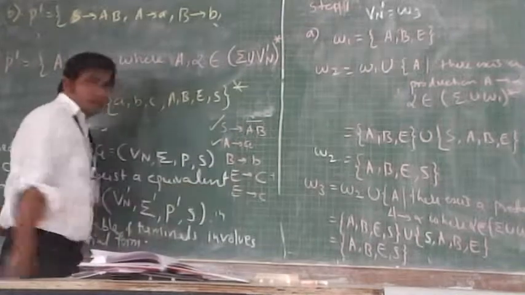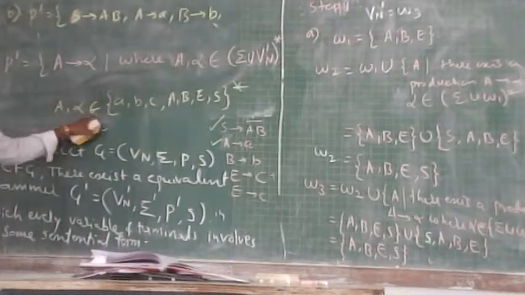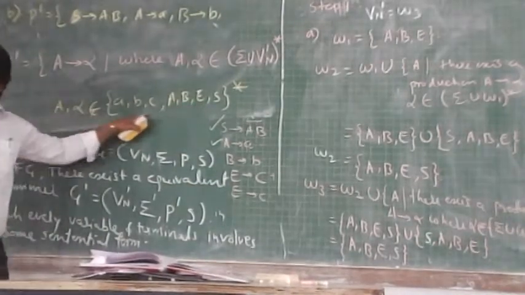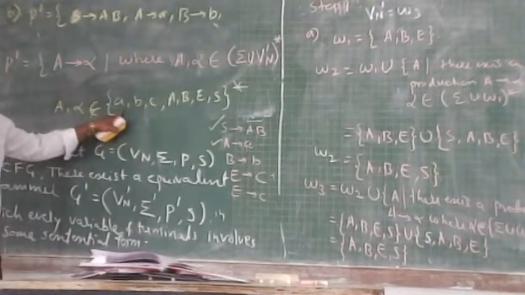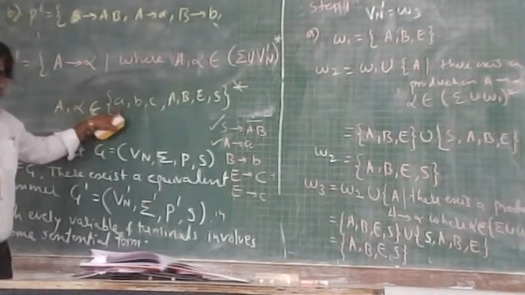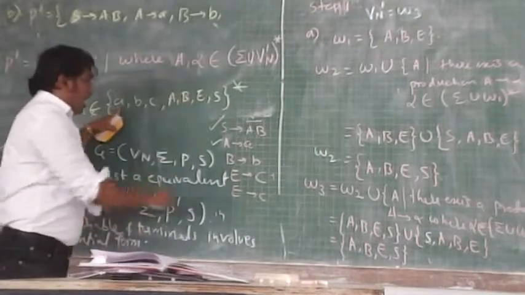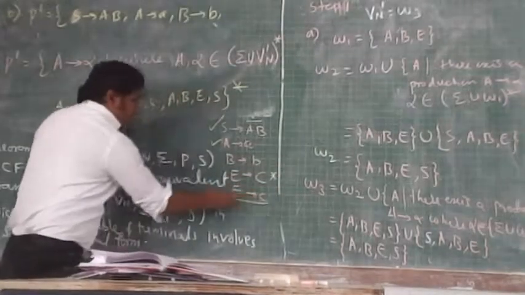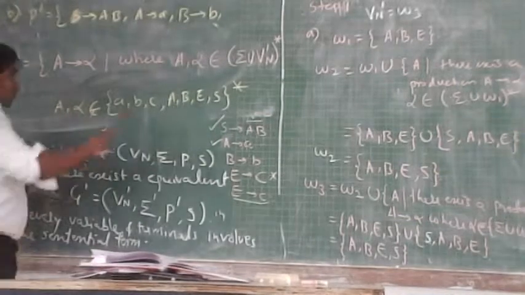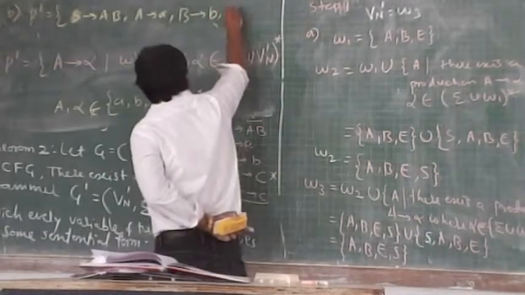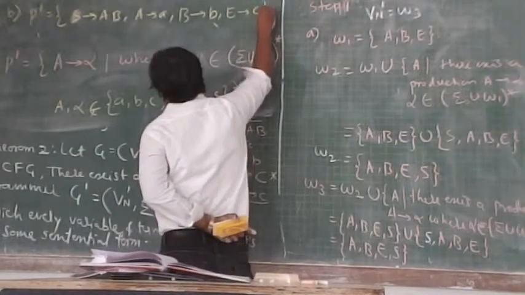Does this production satisfy this? There is no capital C here, so that C won't be an element of this particular closure. Okay, so I am excluding this. What about the last production? It also is a production to be included in my set.